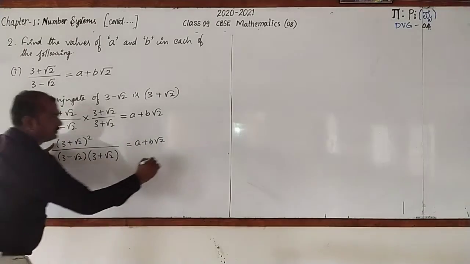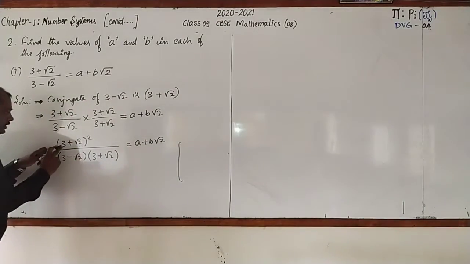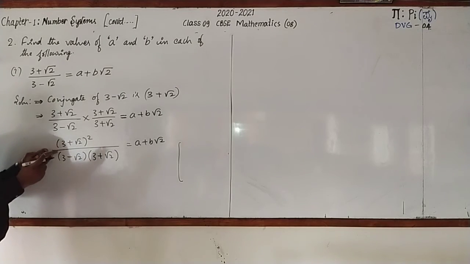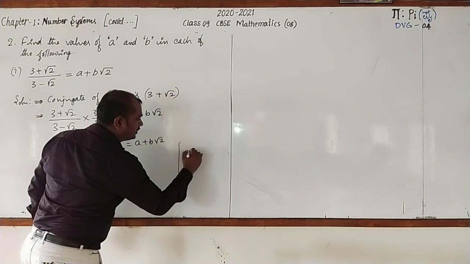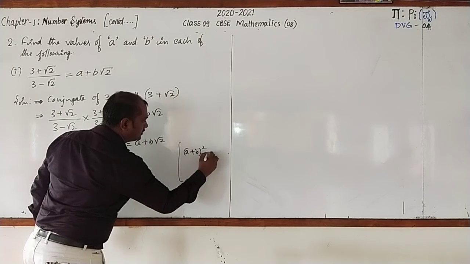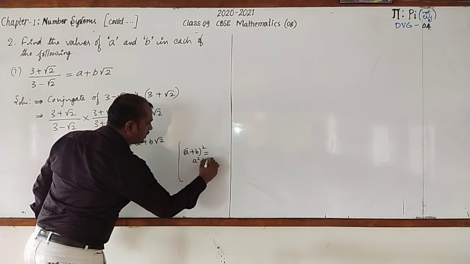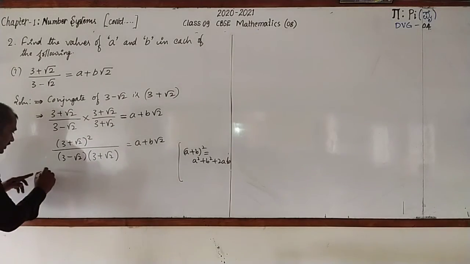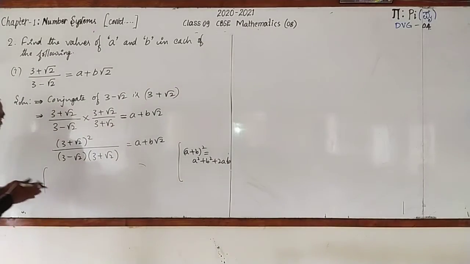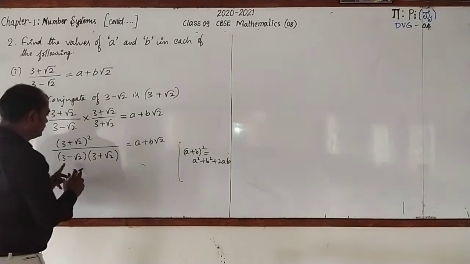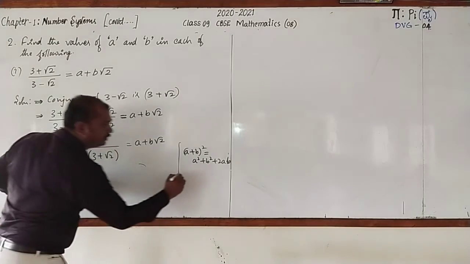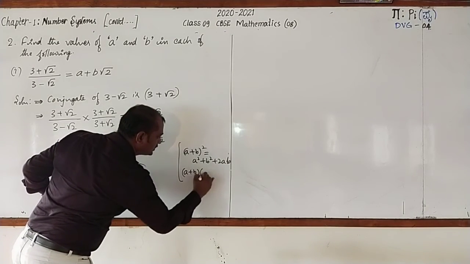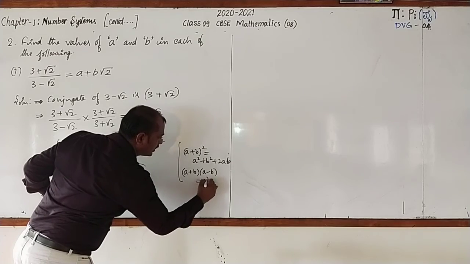Now, as the numerator is of the form (a plus b) whole square, you can expand it as a square plus b square plus 2ab. If you do not have space, here only you can put a box and you can give the reason. Then the denominator is of the form (a plus b) into (a minus b), which is equal to a square minus b square.